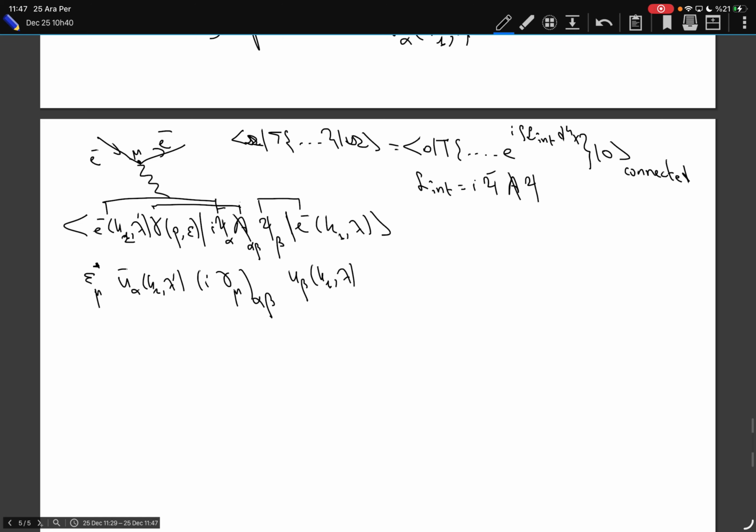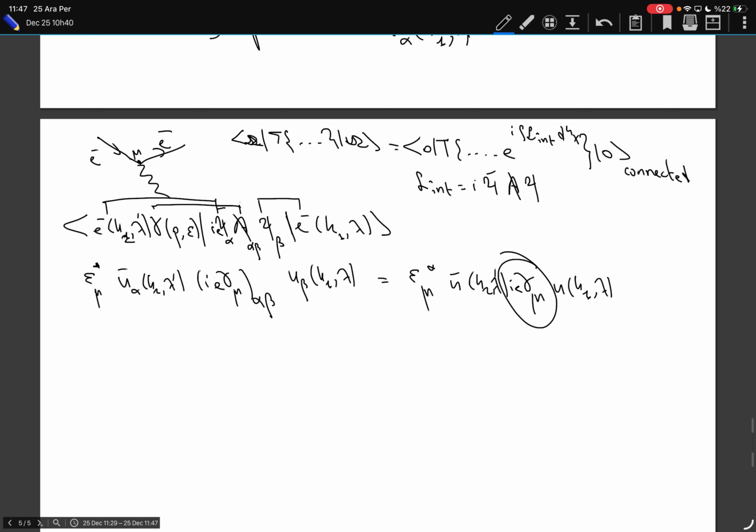You see, my Feynman rules already tell me where these come from, and hence this is my vertex factor. In fact, if I just sum over alphas and betas, I would get u bar i e gamma mu u. So this is my vertex factor. This is a particular case where I have an incoming electron and an outgoing electron.